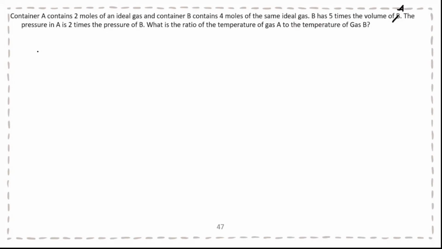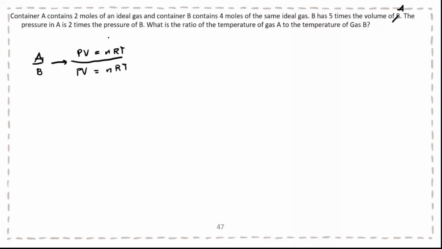Okay, so if we have A over B, we know that PV is equal to nRT of A over PV is equal to nRT of B. So we have PV equal to nRT over PV is equal to nRT.